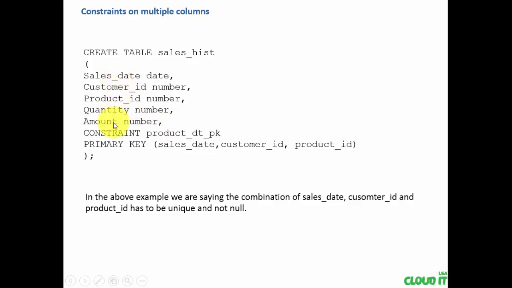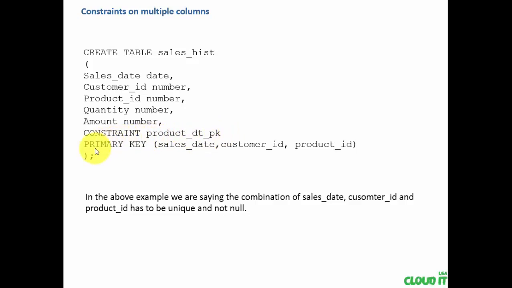So once I finish defining all the columns, separate it by comma and then mention constraint, which is the keyword, and the constraint name. Here my constraint name is product_dt_pk, and mention the constraint which you want.